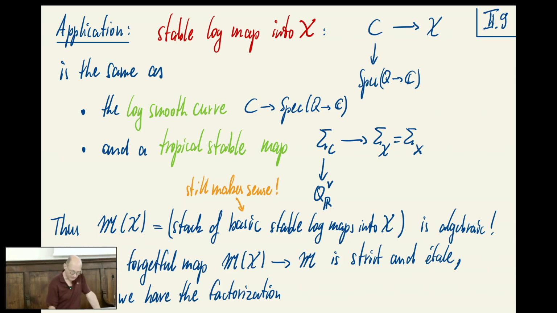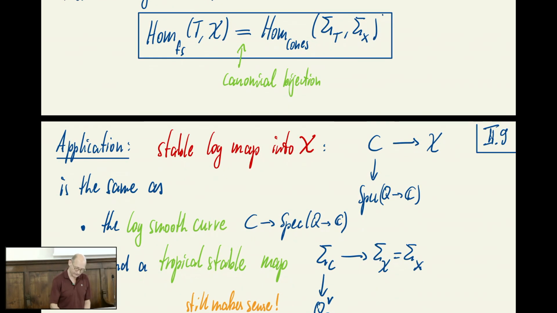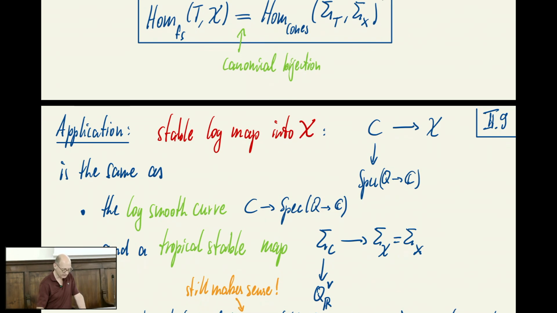So it's a diagram like this, as before. This curly X comes with a log structure. That's not so hard to see, right? Everything is invariant. It comes with a log structure, so it does make sense to talk about the log morphism from C to curly X. Now, thanks to this kind of theorem here, this is the same as giving this log smooth curve.